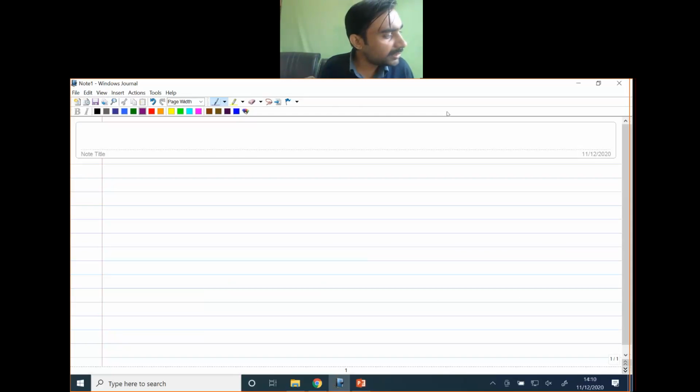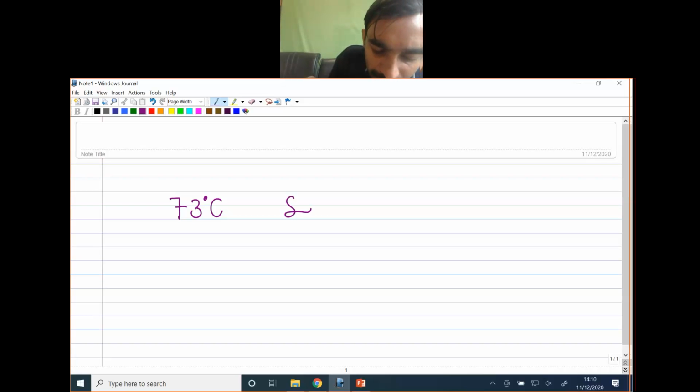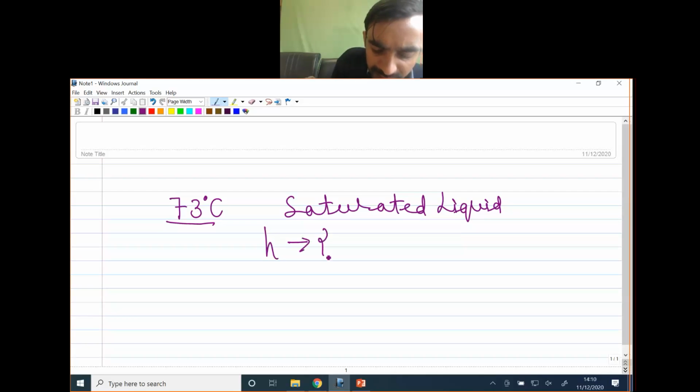The given temperature is 73 degrees Celsius, and it is given in the question that the state of our substance is saturated liquid. For this saturated liquid state, we have to determine the corresponding enthalpy.